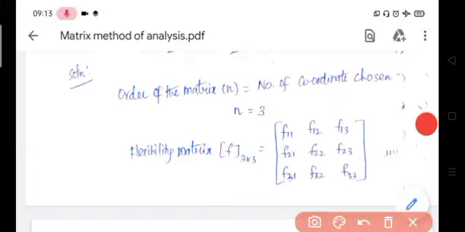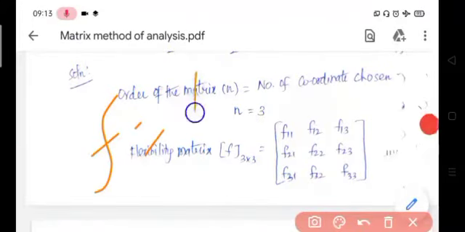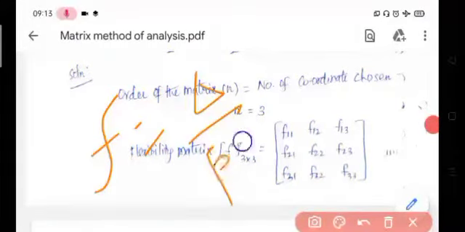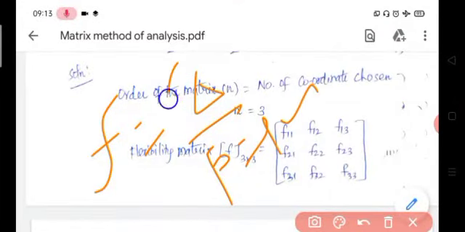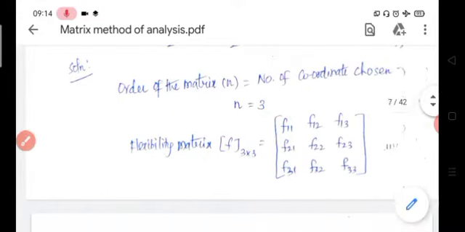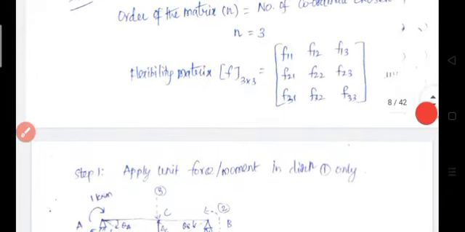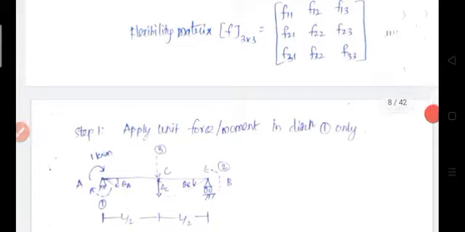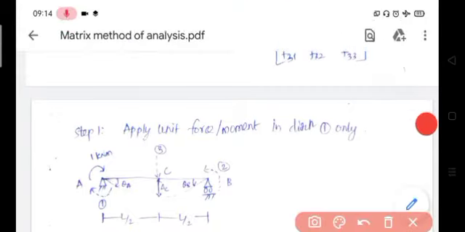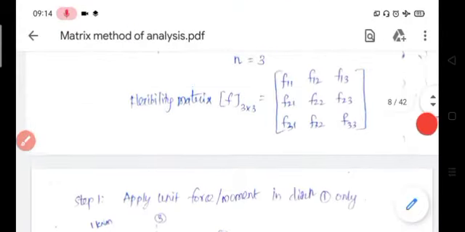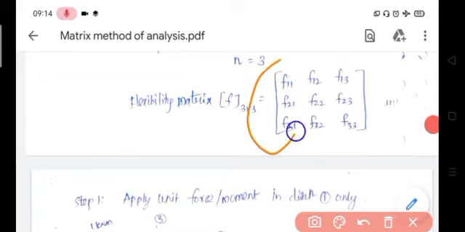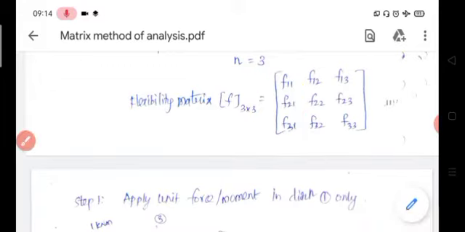We already know flexibility is equal to deflection by force. We apply unit force, then determine the corresponding displacement. First we are going to develop the first column of the flexibility matrix, that is F11, F21, F31.